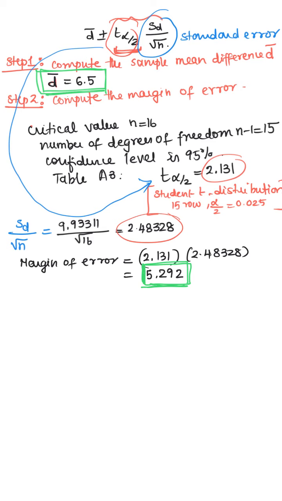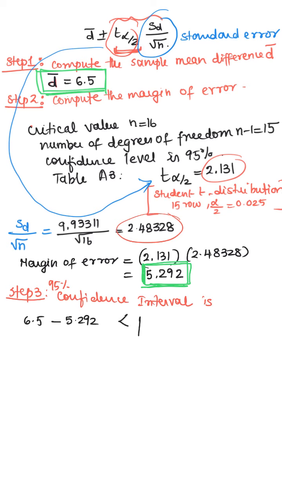So next step is constructing the confidence interval. So this is the 95% confidence interval, so mu d is between these two values.